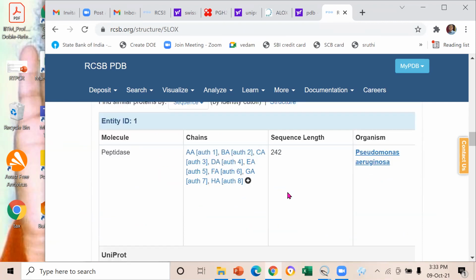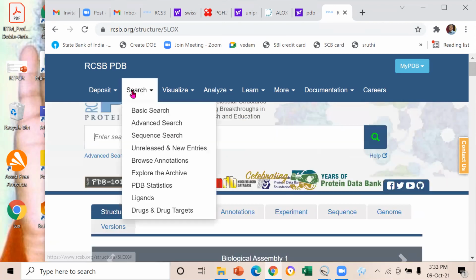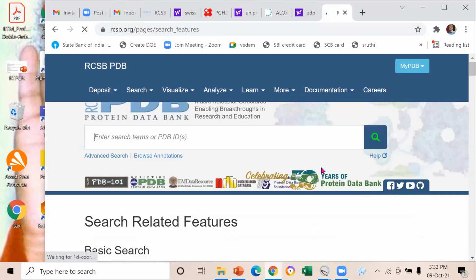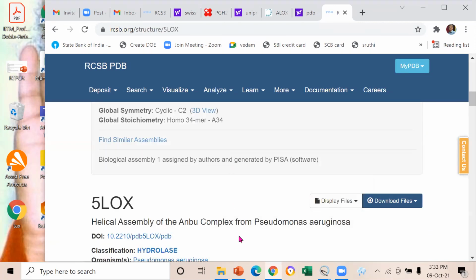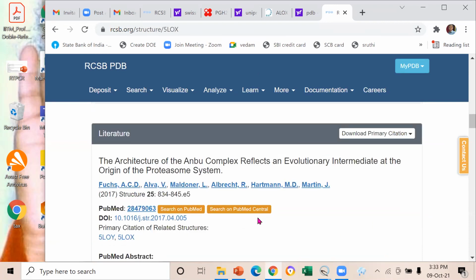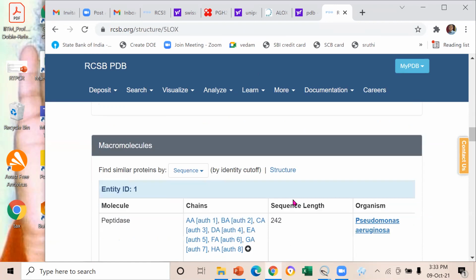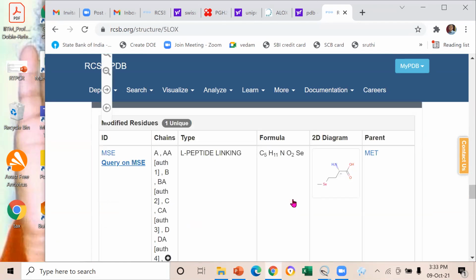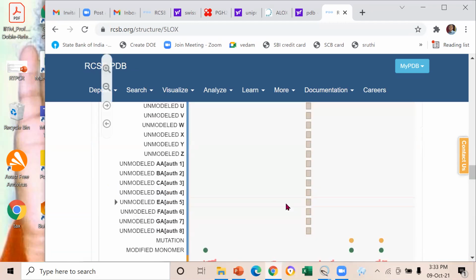Look at another one. You will have many lipoxygenases, Pseudomonas aeruginosa, and the proteasome. Like that, you will have many possible structures.